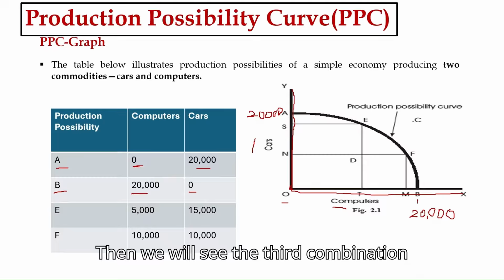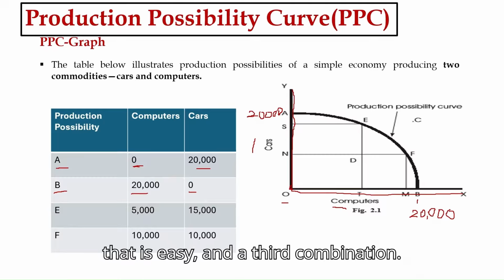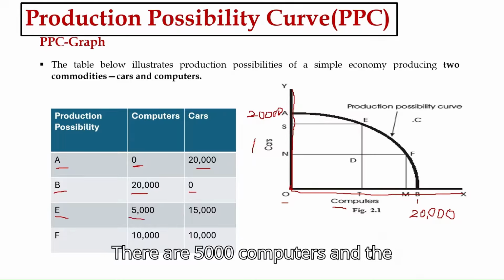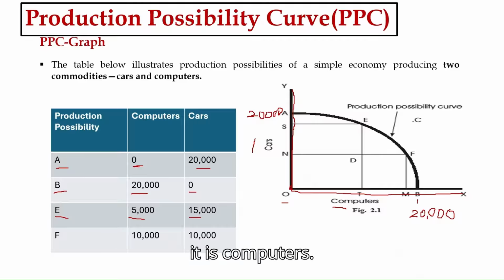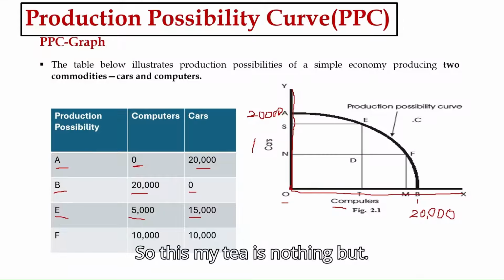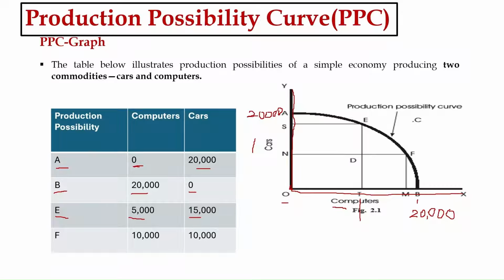Then we will see the third combination, that is E. In the third combination, there are 5,000 computers and the production of cars is 15,000. So here it is computers, here it is plotted. This T is my 5,000, the computers are 5,000.